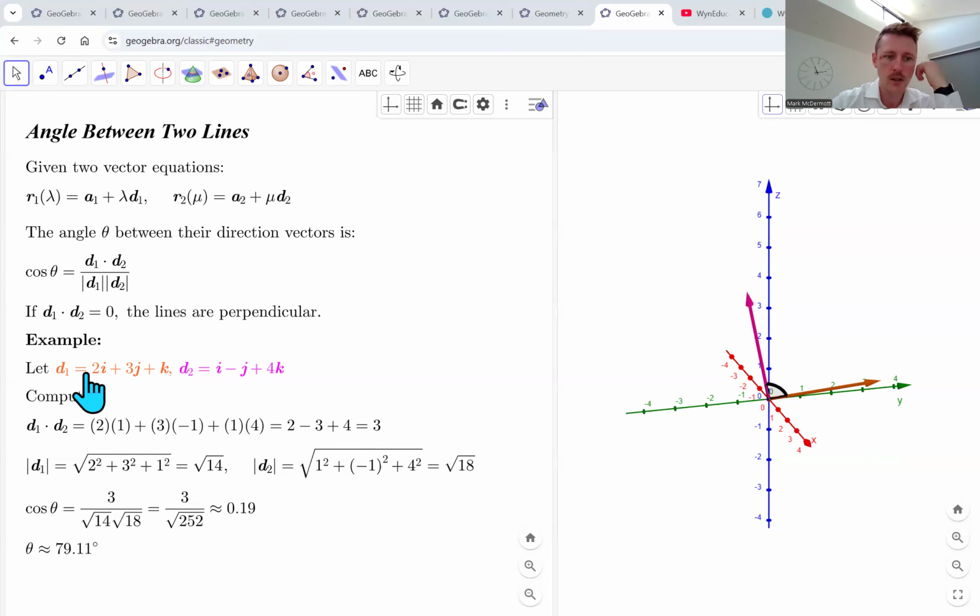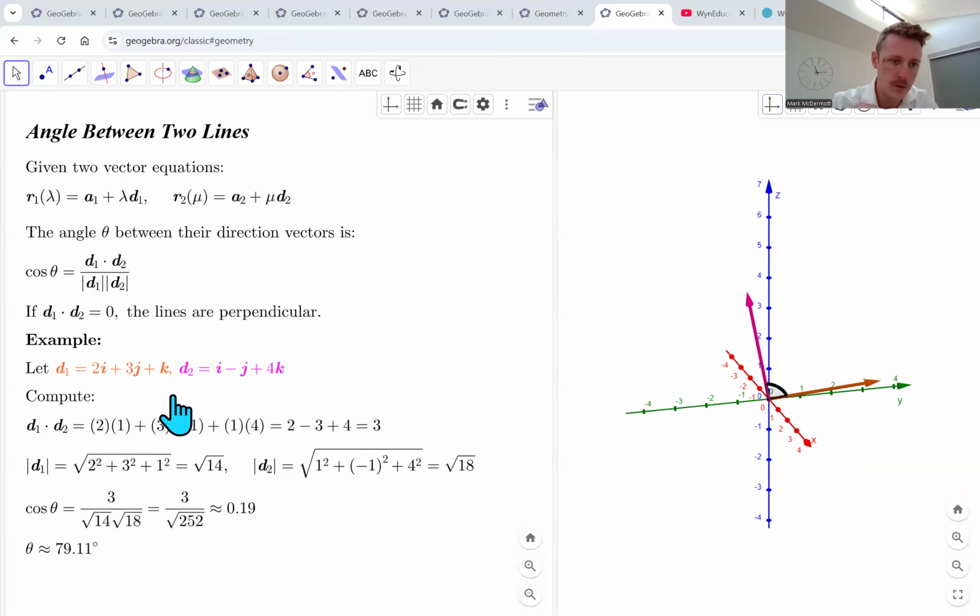Here's just an example. D1 is 2i plus 3j plus k, and D2 is i minus j plus 4k. Notice that the only thing we need in order to determine the angle between the vectors is the direction vectors. We don't really care where it's pointed in space. We just need to know which direction the vectors are pointing in, because then we can just find the angle between them.